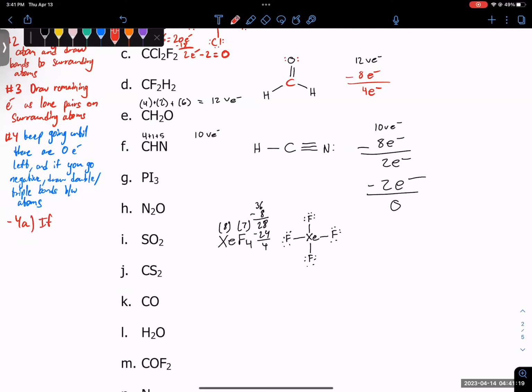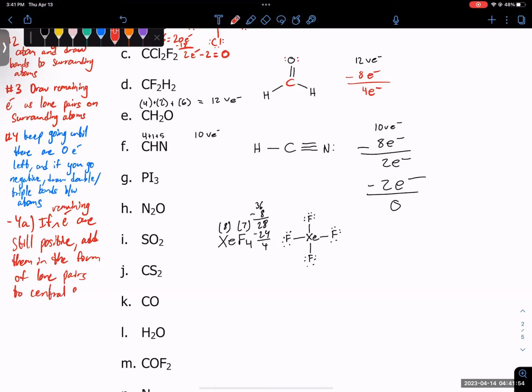If remaining electrons are still positive, add them in the form of lone pairs to the central atom.